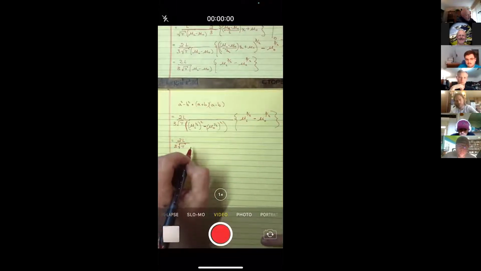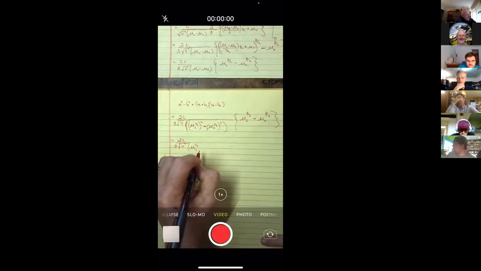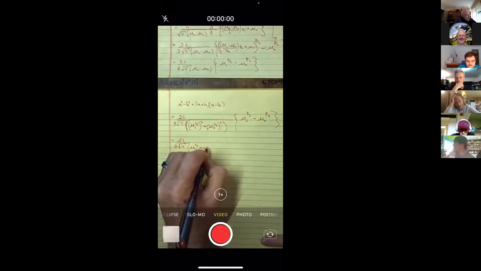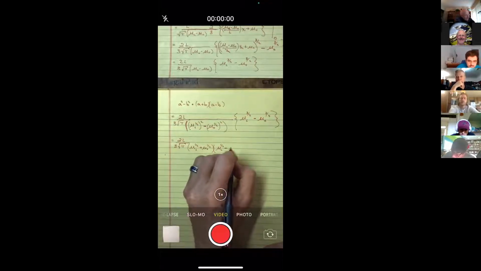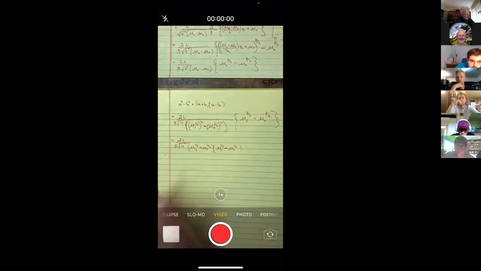So we could write this as mu L to the 1/2 power plus mu naught to the 1/2 power multiplied by mu L to the 1/2 power minus mu naught to the 1/2 power. Okay. Like I said, I'm not sure I would have thought of those as being the difference between two squares because you got a square root, but that's okay.